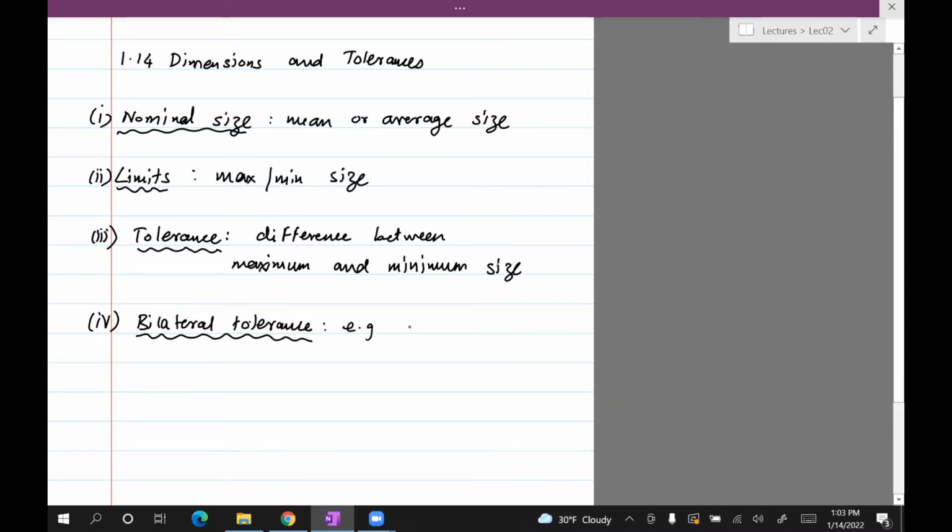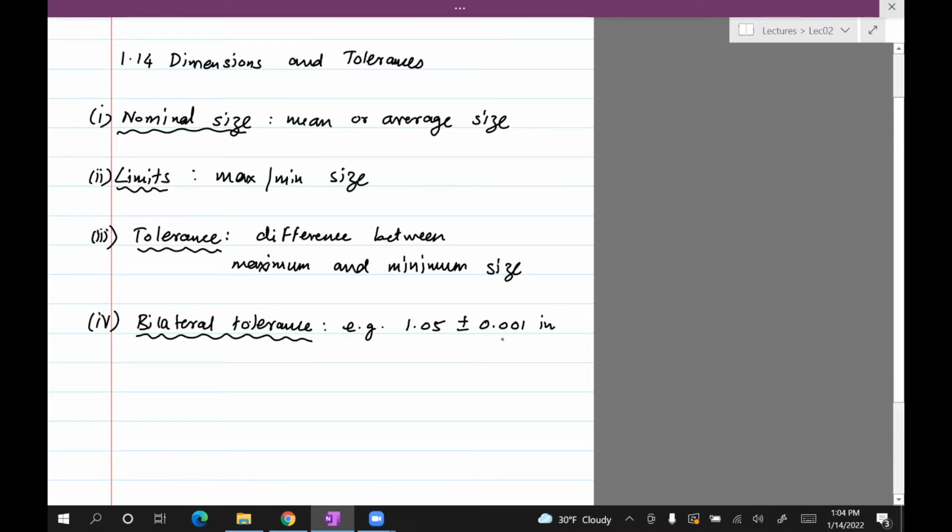An example of bilateral tolerance is, let's say that we have a shaft and it is 1.05 inches. That's the nominal size, but it could be plus or minus 0.001 inches. Okay, so that is a bilateral tolerance.